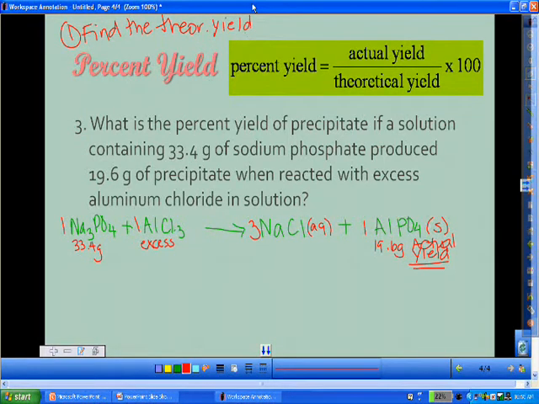And so let's set up our stoichiometry problem. We're starting once again with grams, and so this is going to be that same step-by-step process that we've used twice previously now. We are given 33.4 grams of sodium phosphate.